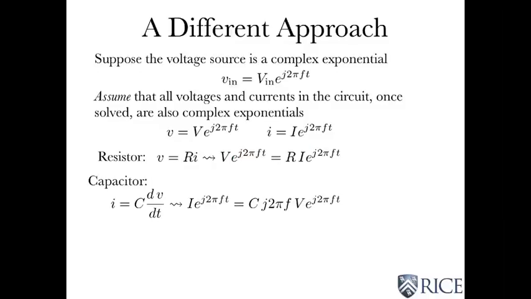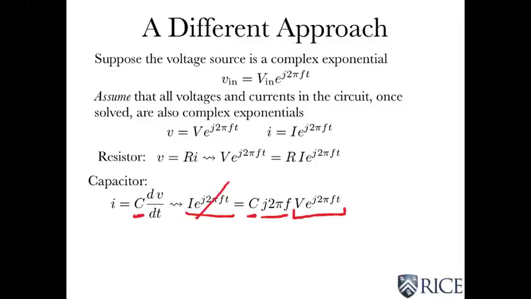So let's talk about a capacitor, I equals C dV dt. So here's the current I, and the derivative of this is just j 2 pi f times the same thing because of the properties of the exponential, and we need to plug in the capacitor value because that's what's over here.